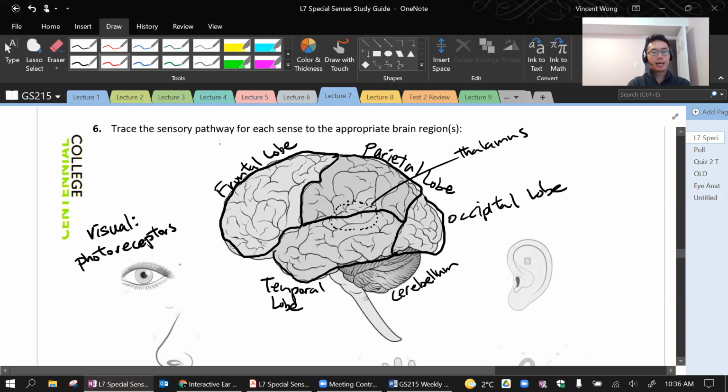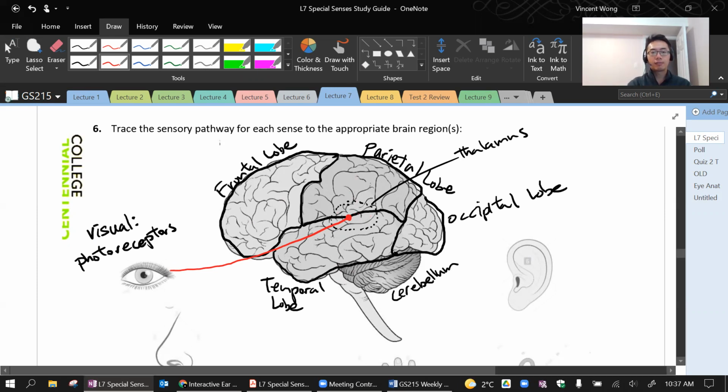Watch. The eye, right? This visual information will go through the optic nerve, past the optic chiasma and then the optic tract, which will then go to the thalamus. The thalamus is going to process the information and see if it's worth passing on.